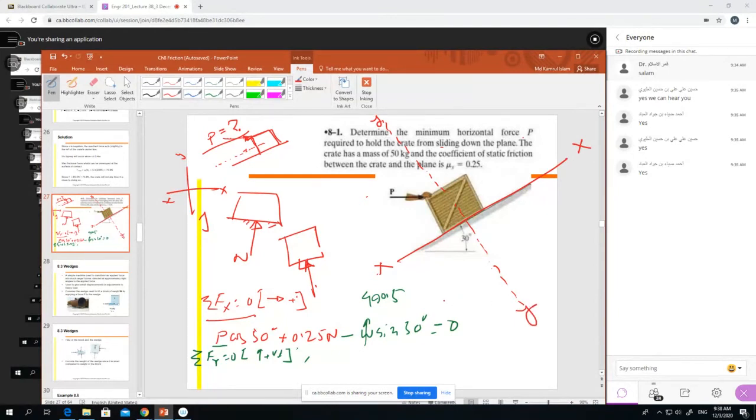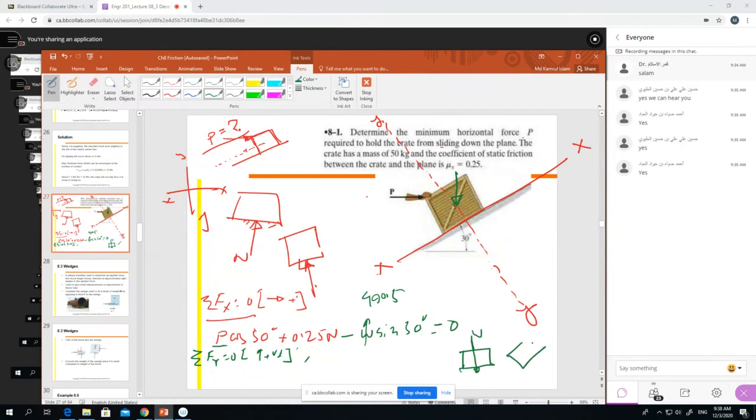We know that gravity will always work through the center of the body, just downward, right? It doesn't matter how you keep the body. If you put the body like this, W will work like this.